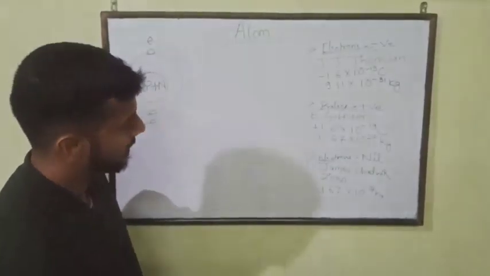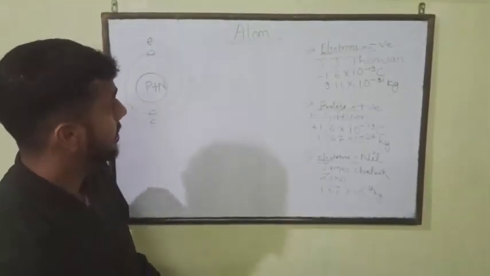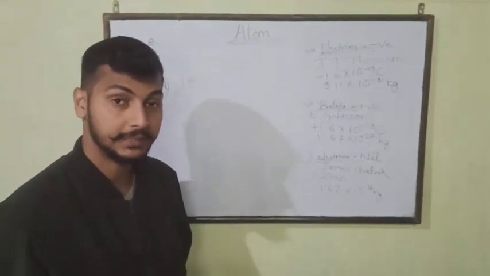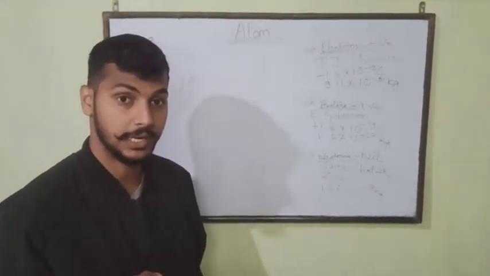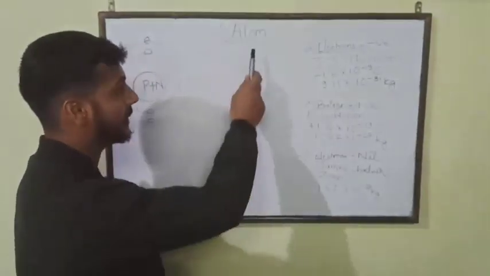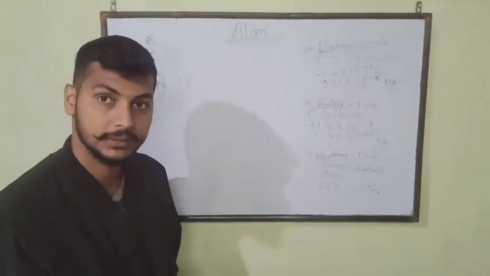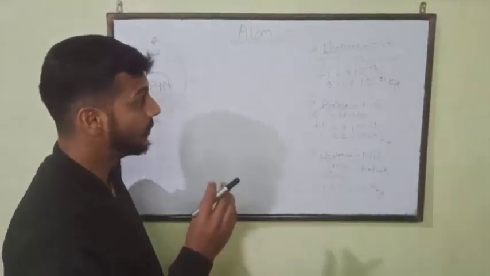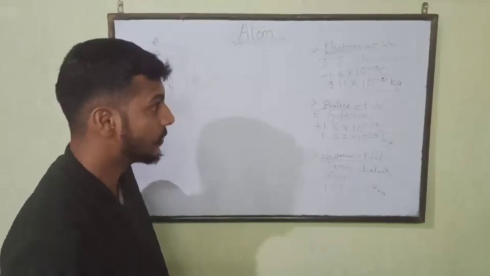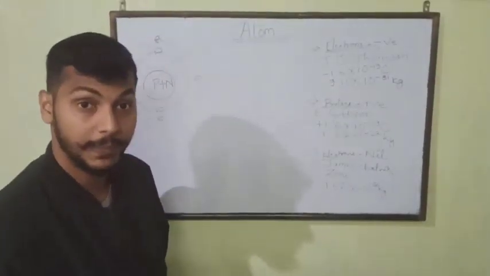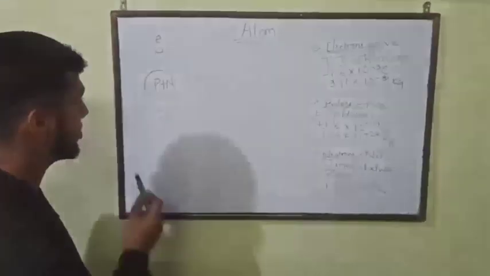So, from this lesson, what did we understand? That every element, everything in this universe is made of small particles, and these particles are called atoms. And even these atoms consist of a few small elements, and those are electrons, protons and neutrons, which are placed in an atom in this manner.